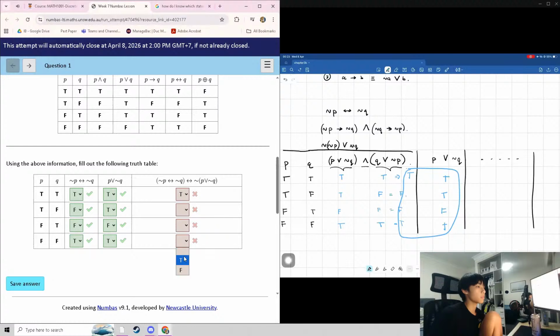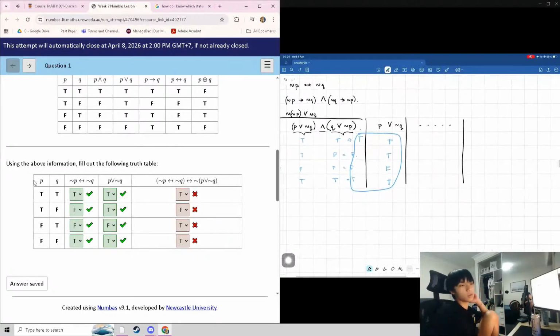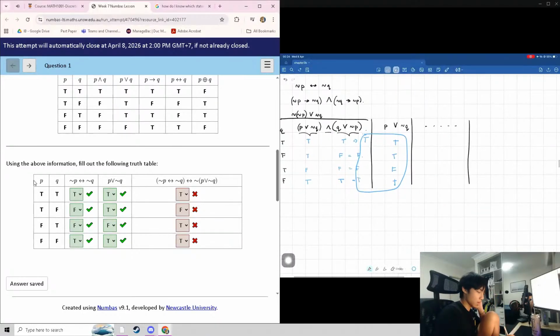So I'm gonna guess it's like this. Okay, we're just going to let that FTFT. Okay, let's just do it. Now I'm lazy. I want to think about how I can look at this better.